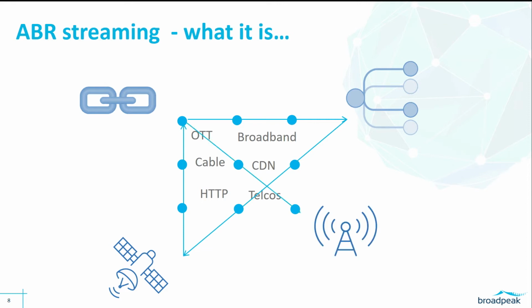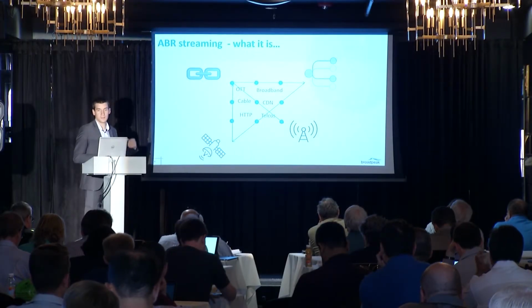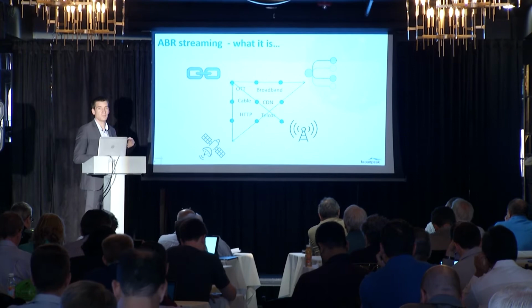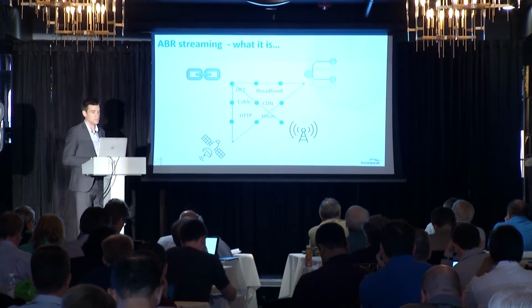And finally, maybe we can talk with terrestrial vendors like ATSC 3.0, as we just had in the last presentation. We can use this kind of delivery as well to help the scalability of ABR streaming.